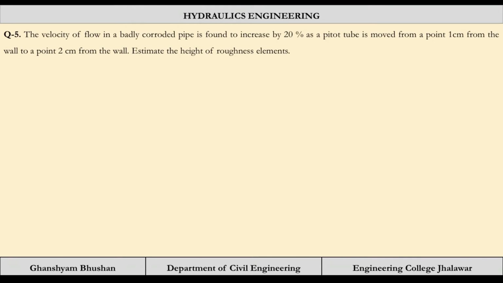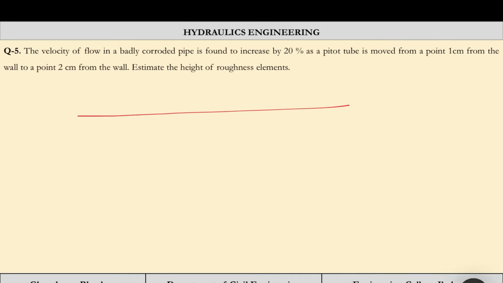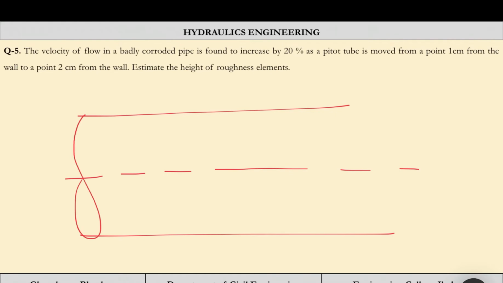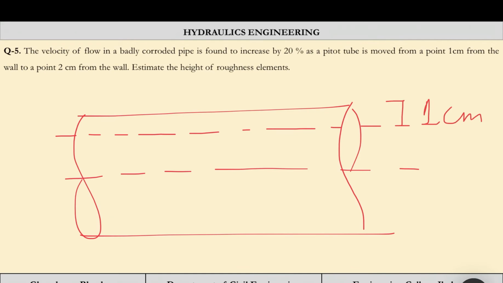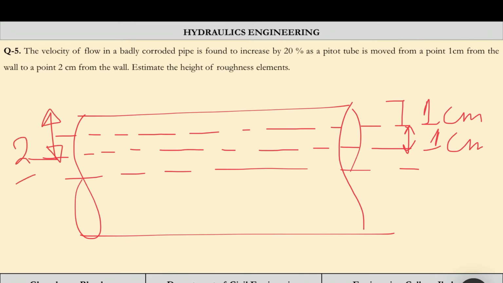And what other details we are having? So this is the pipe, this is your central line, so this is your pipe and pitot tube. So let us say this is 1 centimeter, and this is another 1 centimeter, and it will become 2 centimeter from the pipe. So this is 2 centimeter, okay.